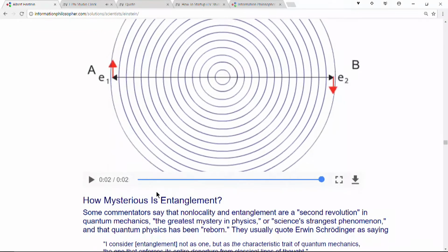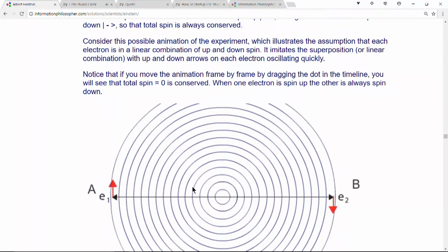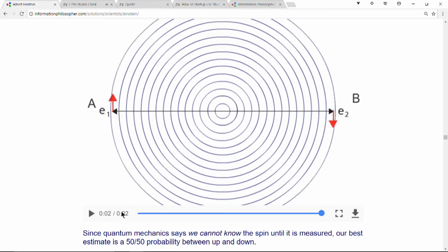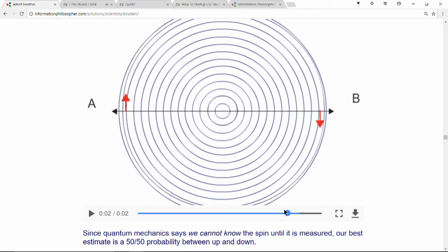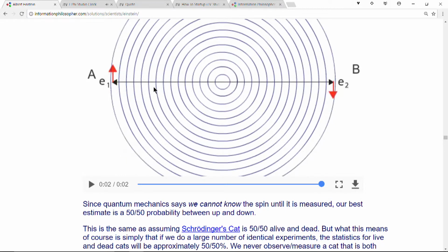Let me scroll back a minute and show you what this looks like. To say that the particle is actually changing from up to down very quickly. So when I do it slowly, you see it changing. When I do it in real time, it's changing up and down. The question then becomes for Einstein, how can this particle change its spin from up to down?